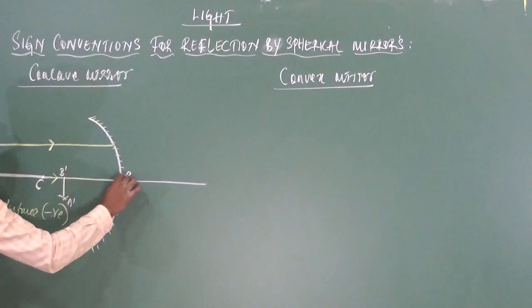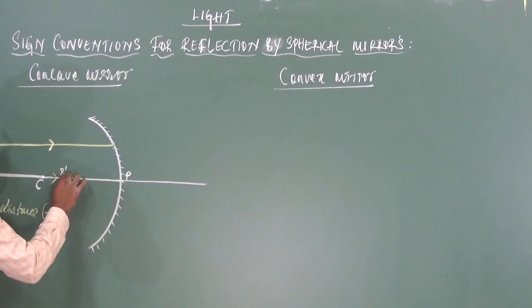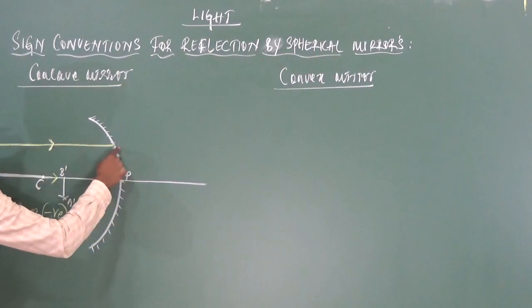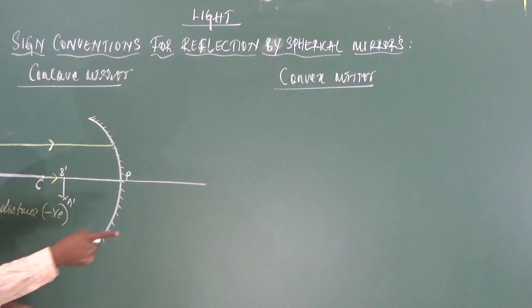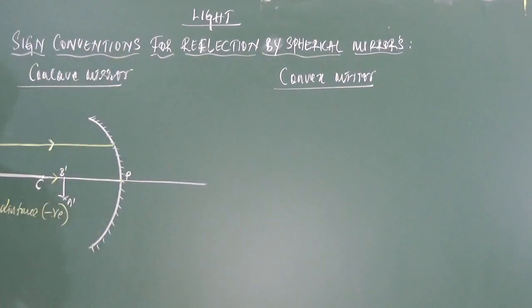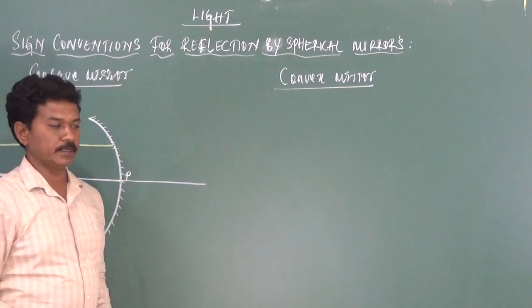Again you are measuring this distance from the pole of the mirror, which is opposite to the direction of incident light rays. Therefore, image distance is also negative here. So image distance is negative.